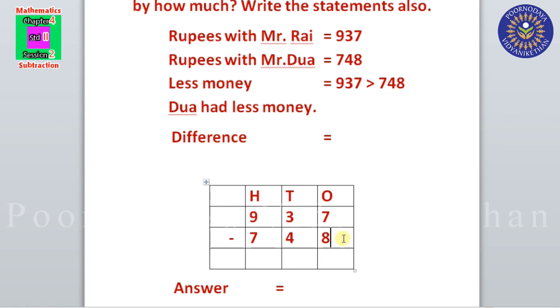Look at ones place. 7 minus 8. 7 is smaller. So what do we have to do? From this tens place, we have to borrow 10. So from 3, we are borrowing 1 ten.